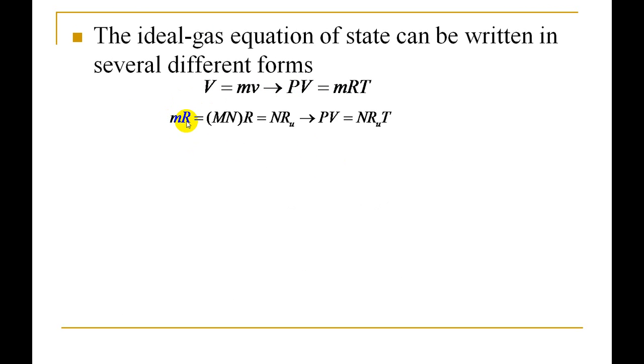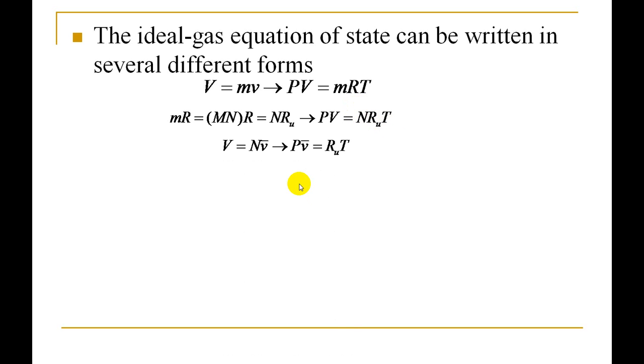Mass times gas constant, mR, means molecular weight times mole number times R, so instead of mR, you can write N R_u, which means R_u is R times M. So instead of mR, you can write mole number times universal gas constant.